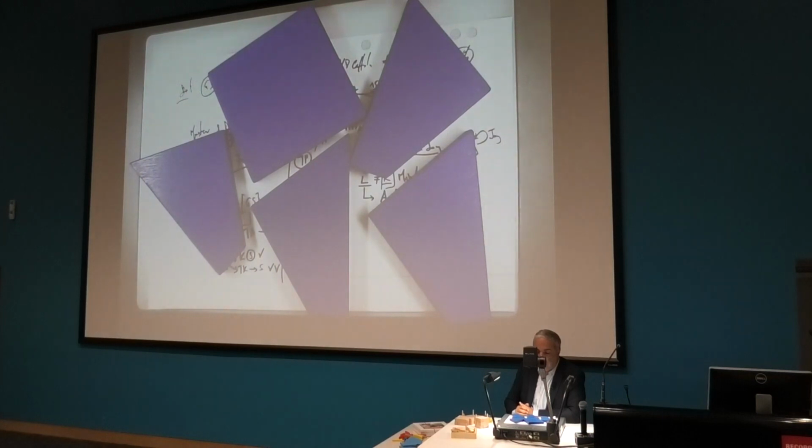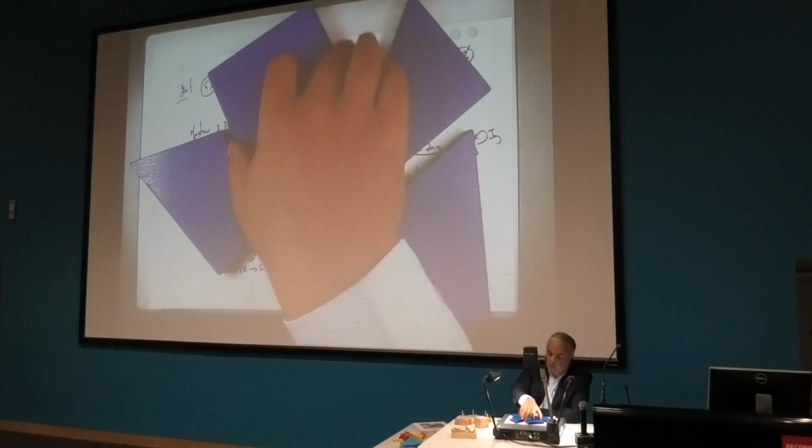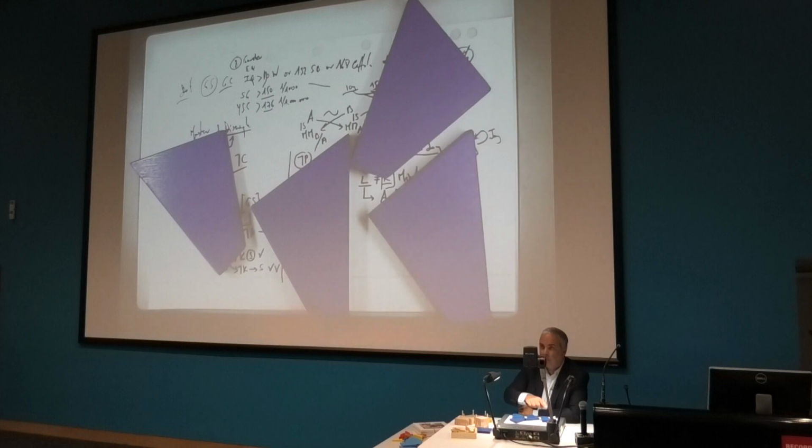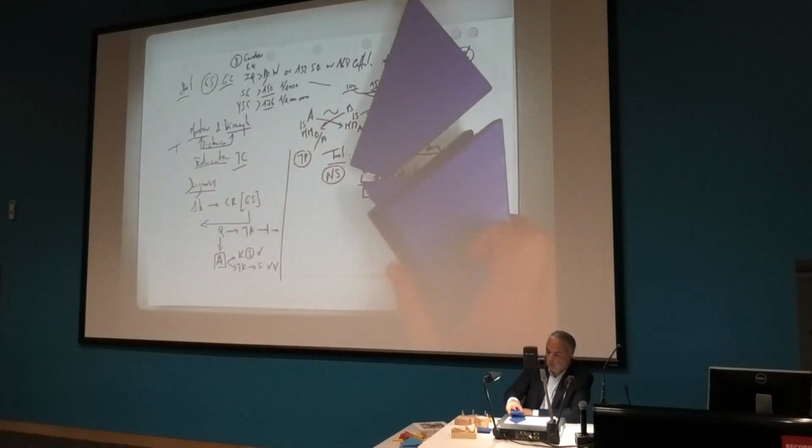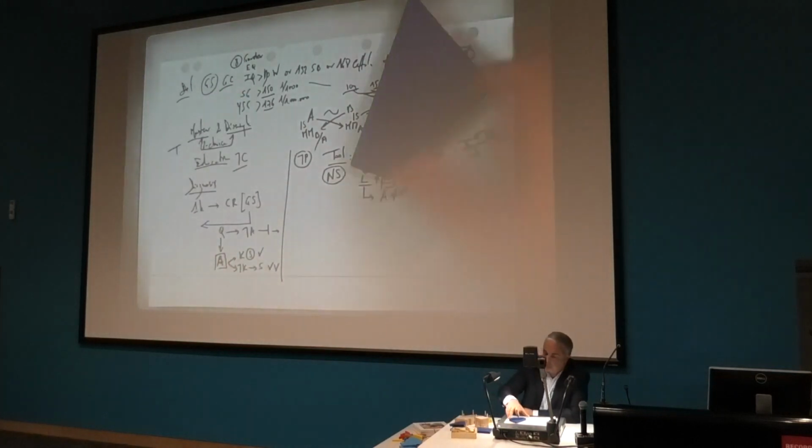At the end of the process, I remove this one, and you have to make a square with the 4. So the specialist of pangram maybe can see it. For the others, more difficult. So I will not show you the solution, of course.